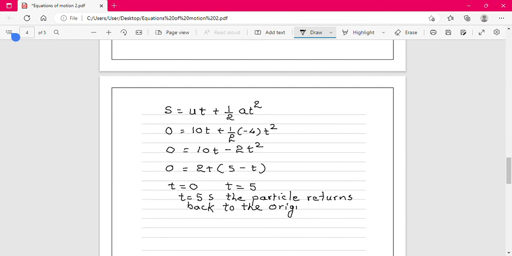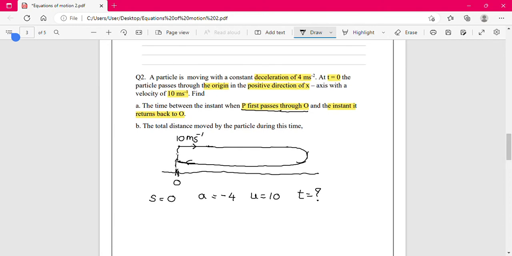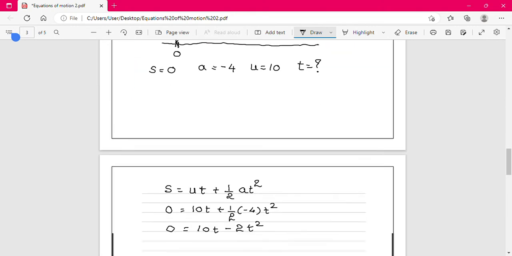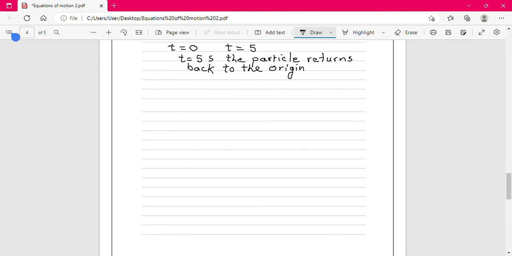Now, the next part, in that, what is asked to you? The total distance moved by the particle during this time. So here, again, let us sketch this. This is O. So the particle is traveling in one direction.